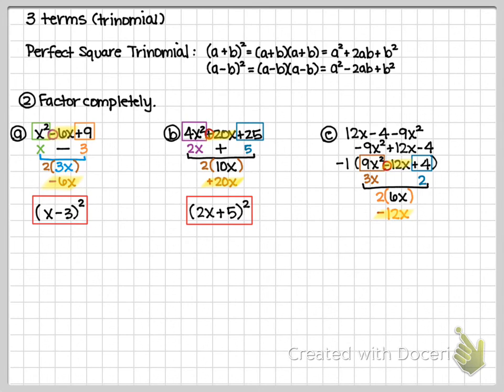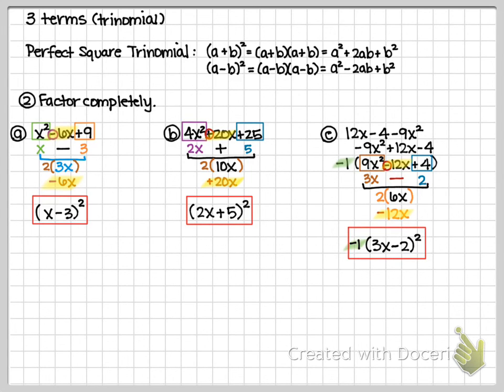Yes, it is. All right, let's go back up where I square rooted, so the 3x and the 2. Drop the sign from the middle. That's going to give me a 3x minus 2, squared, but don't forget the GCF. Remember, back up there, we took out that negative 1. So make sure you put that negative 1 out in front again. And I think that's going to be our answer.